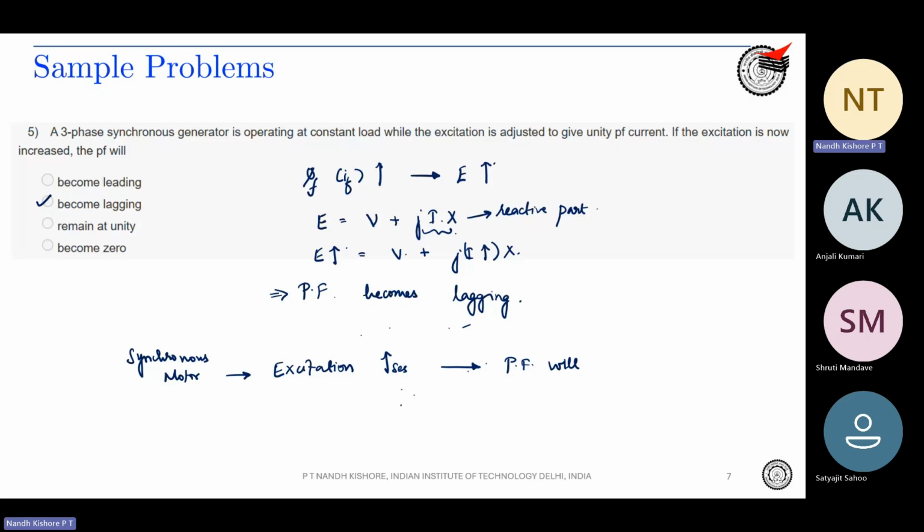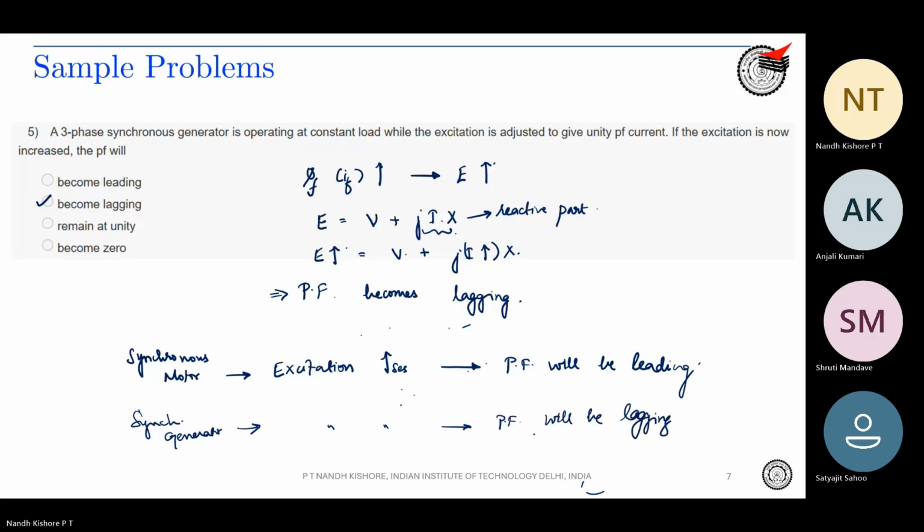The relation would be reversed, right? The positions of E and V are going to get reversed. Therefore, you will see that the power factor will be leading if it's a synchronous motor. This is a synchronous generator we are talking about. So for synchronous motor and synchronous generator, the effect would be exactly opposite. Power factor will be lagging for the generator. Is this fine?